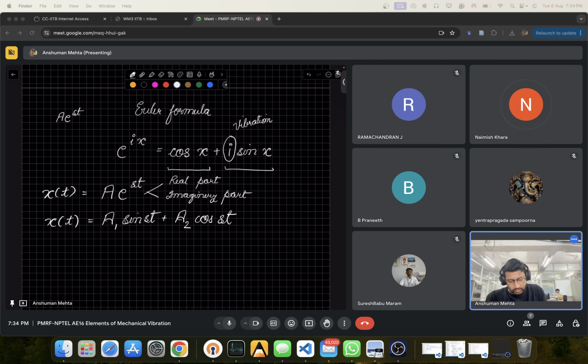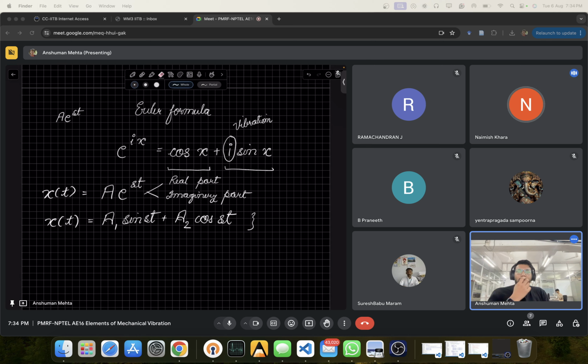As you can see in Euler's formula, e power ix is equal to cos x plus iota sin x. But if you're taking only trigonometric, it is either the real part or the imaginary part. It depends on how the system is reacting.